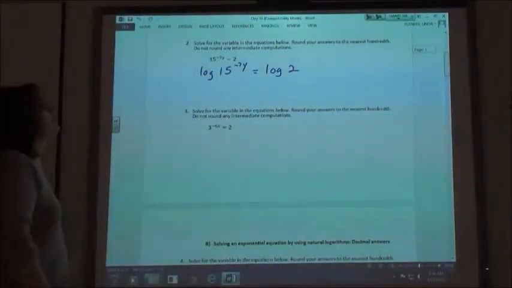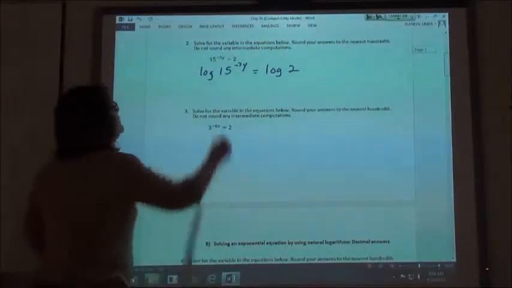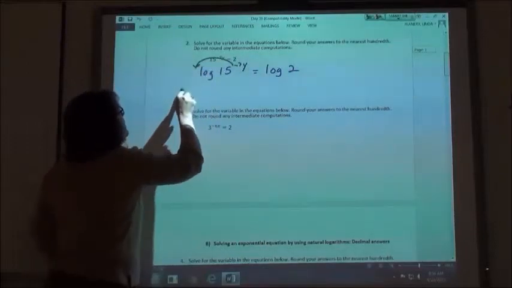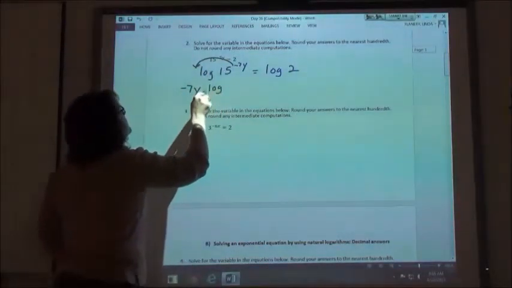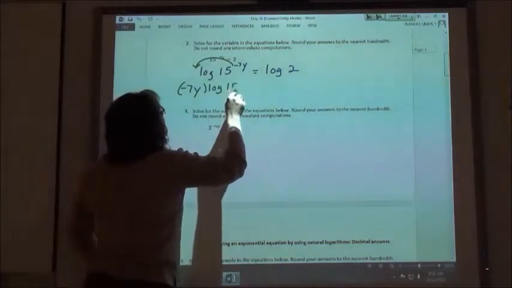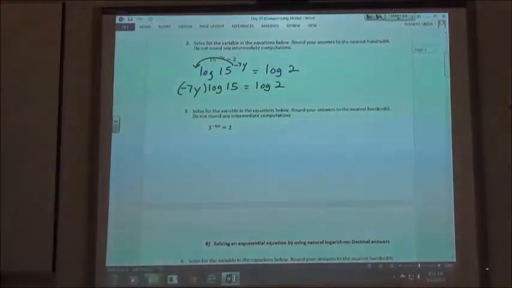Oh, what did I do here? Okay, then we've got to bring your negative 7y. Negative 7y, parentheses, times log of 15 equals log of 2.